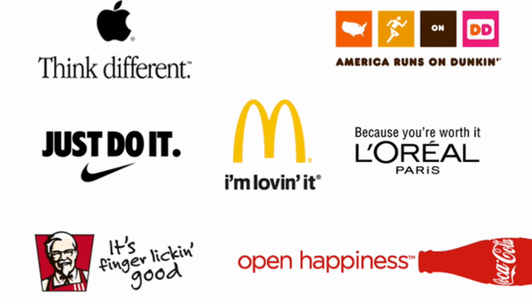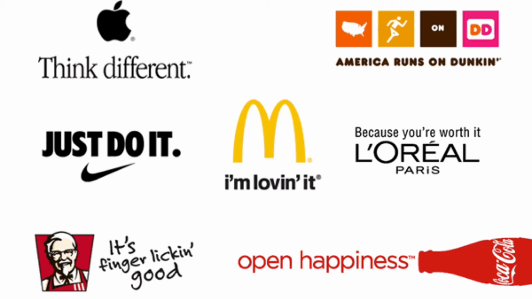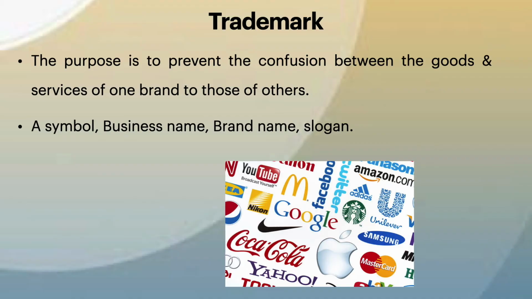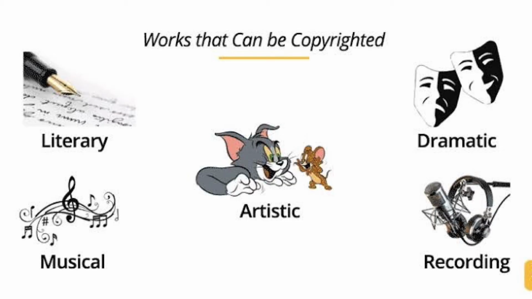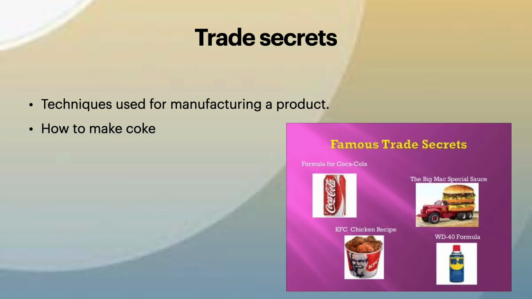We started off with four types of intellectual property. The first one was trademark, right? It refers to slogans, symbols, and names of companies, brand names. Then we looked at copyrights, which cover artworks, music, artistic, dramatic works, and recordings. Next, we looked at trade secrets, which refer to the techniques used for manufacturing a product.